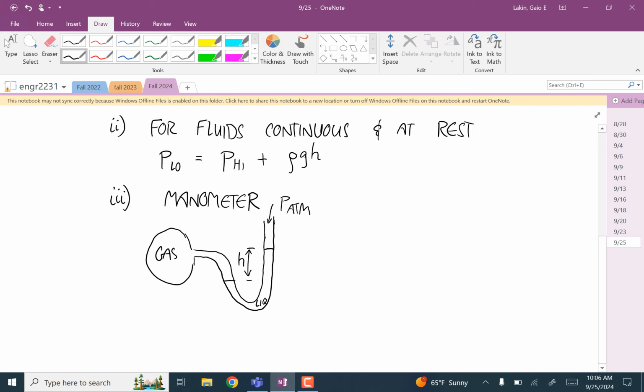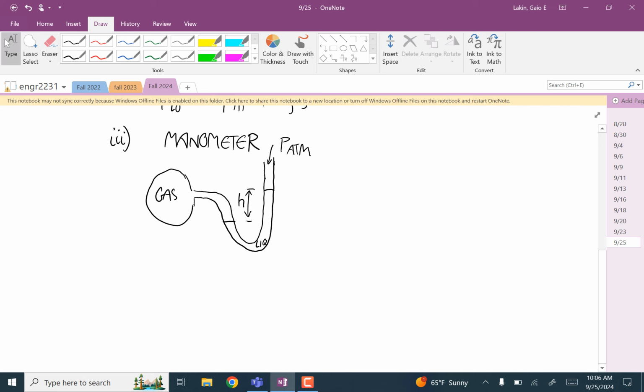This end is open, so there's an atmospheric pressure there. And this here is the gas pressure. And so the pressure in the gas is equal to atmospheric pressure plus the density of the liquid times g times h.